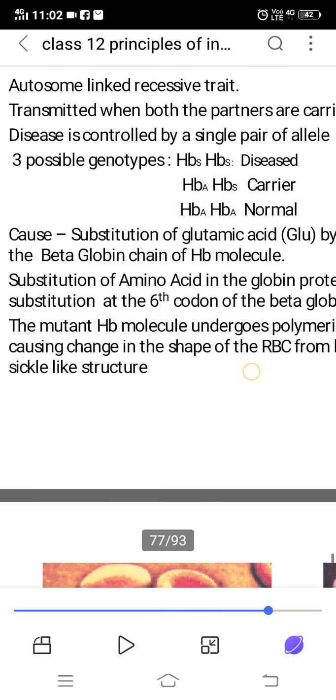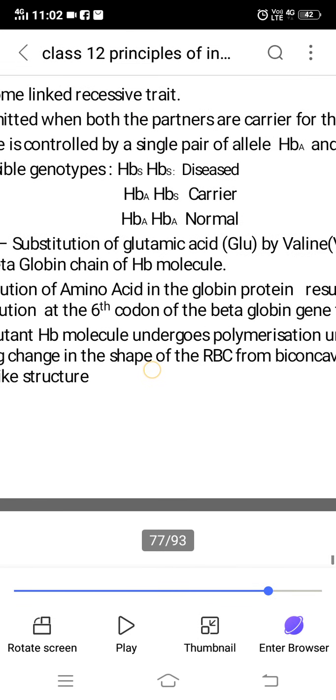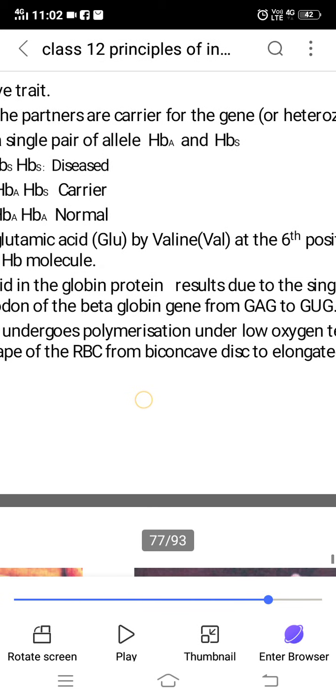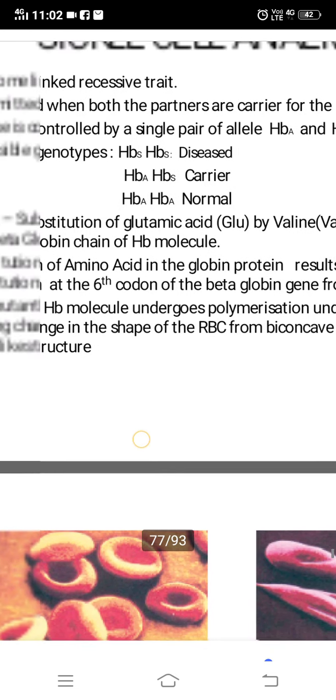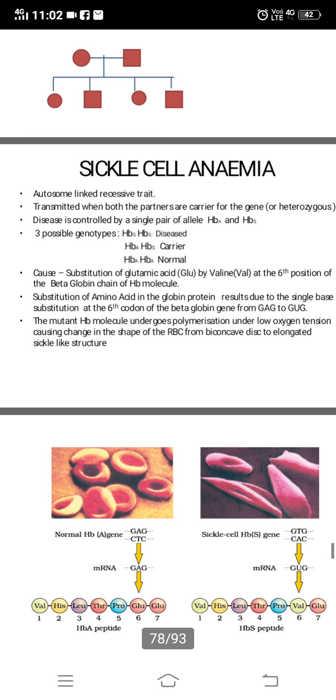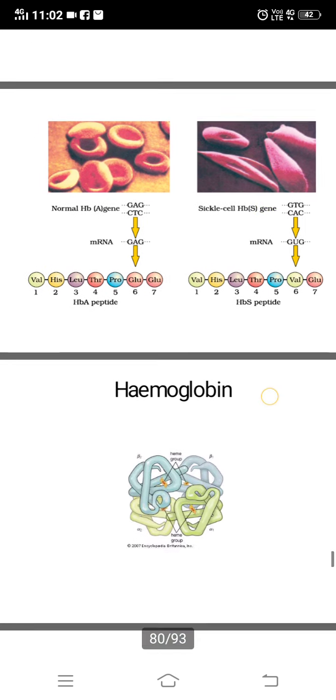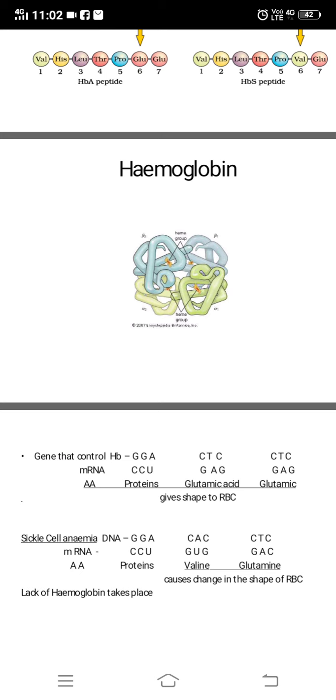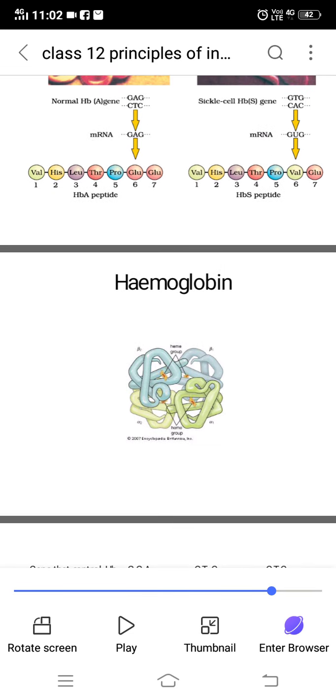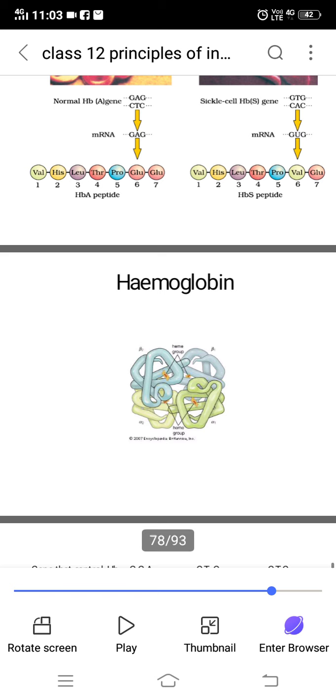What is the cause of this? There is substitution of glutamic acid by valine at the sixth position of the beta globin chain of the HB molecule. Now the HB molecule structure you have studied in 11th standard. It's a quaternary structure. You can see there are alpha and beta parts here. The beta globin chain is a curved structure, like a coiled wire, and if you try to open it, you will get a structure like this.